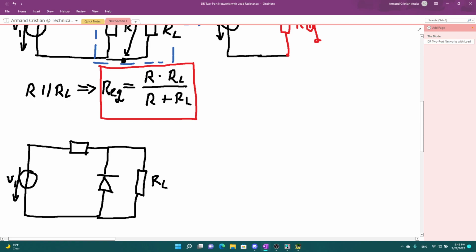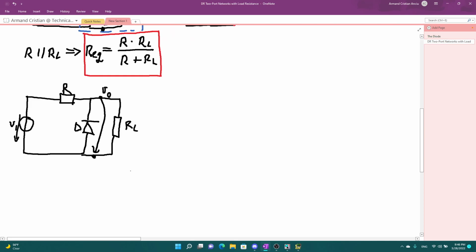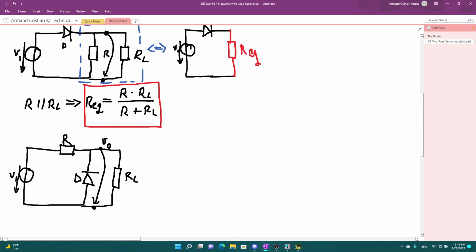So what happens here? Well, the output is still measured like in the previous circuit, but this time across the diode itself. And in this circuit, our load resistor will influence the circuit.